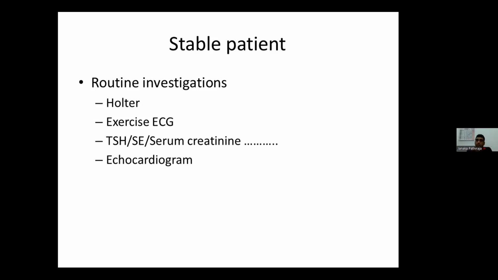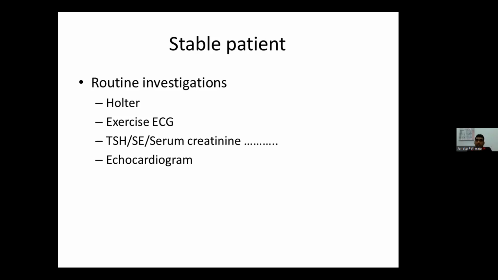And then there are newer mobile phones and mobile apps. If you feel faintish, you can take a recording of your heart rate for about 30 seconds or 1 minute using those apps or mobile phones, right? These are very useful for occasional, rare symptoms.